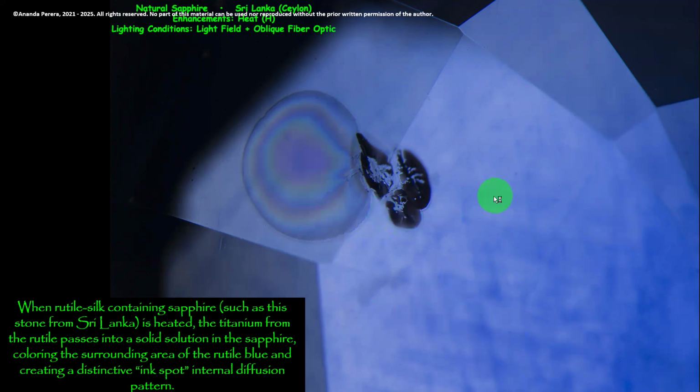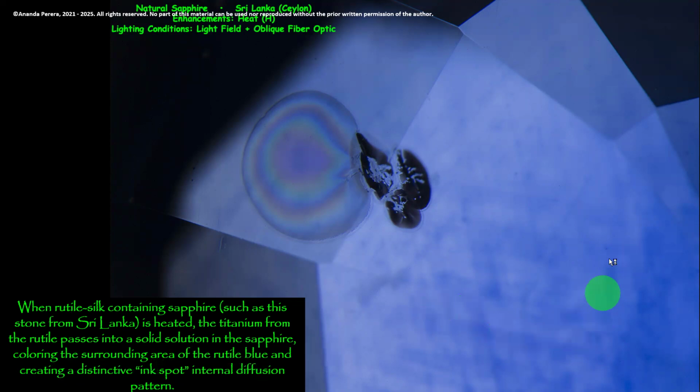Glassy discoid is here. And when rutile silk containing sapphire, such as this stone from Sri Lanka, is heated, the titanium from the rutile passes into solid solution in the sapphire, coloring the surrounding area of the rutile blue and creating a distinctive ink spot, an internal diffusion pattern.